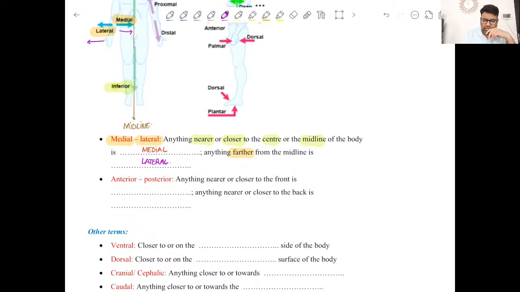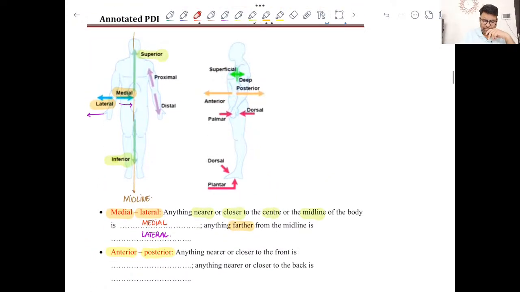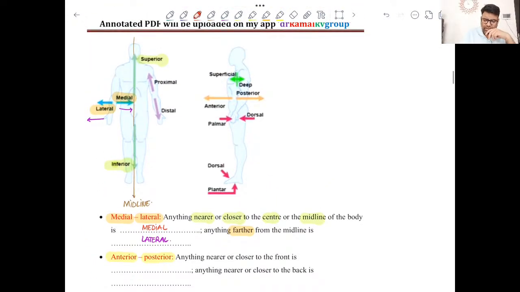Now the third terminology is anterior and posterior. Anterior is in front and posterior is behind. Okay, so anterior is front and posterior is back. Now this is front here and this is back. So anterior is towards the front and posterior is towards the back.